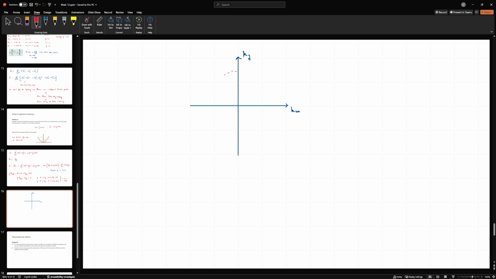So I'm going to draw a first circle that kind of has its radius here. Oh God, okay, this is just a bit too shabby.